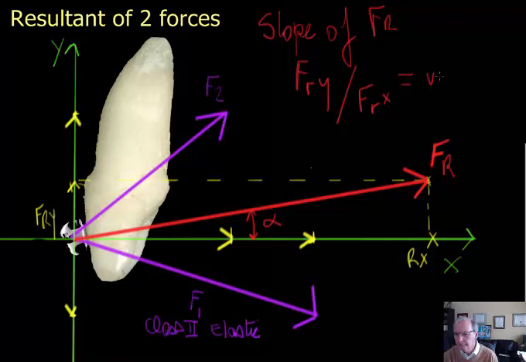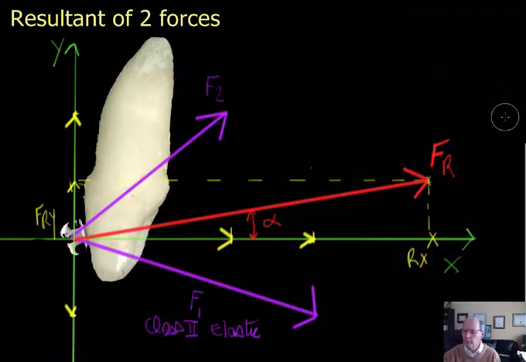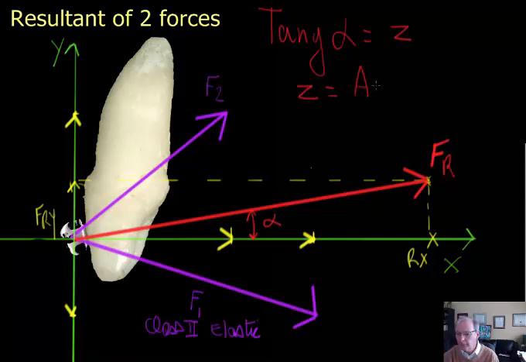It will give us a value which is equal to the tangent of alpha. Once we get the tangent of alpha equal z, we can go into the tables, look at the value of z, and you will get the value for the angle alpha.